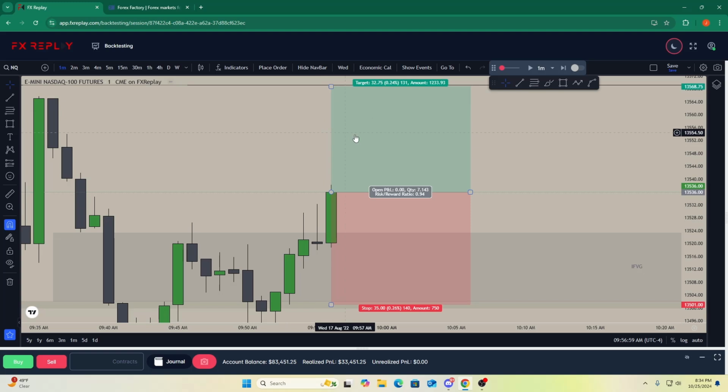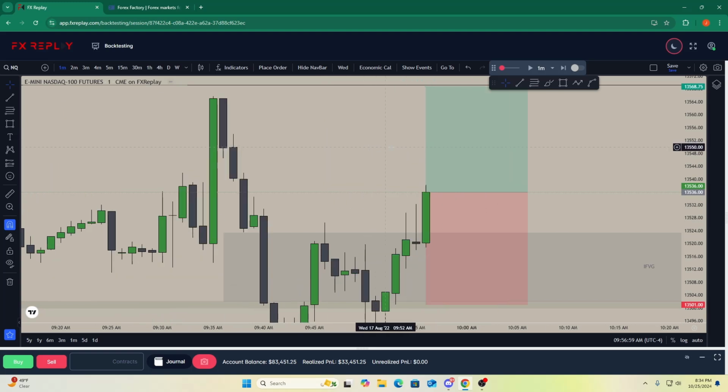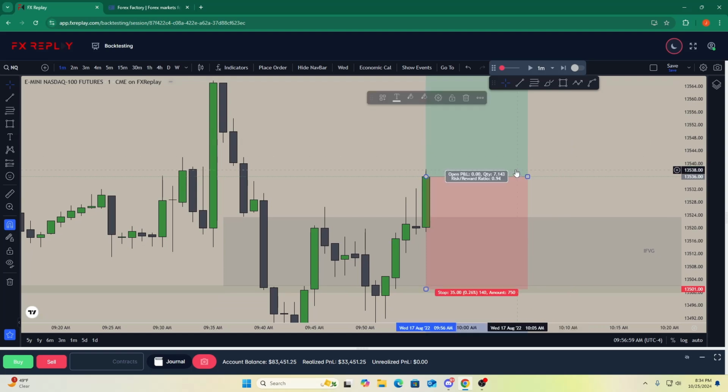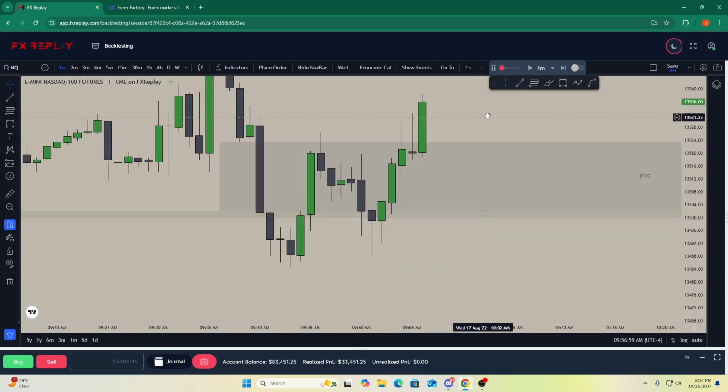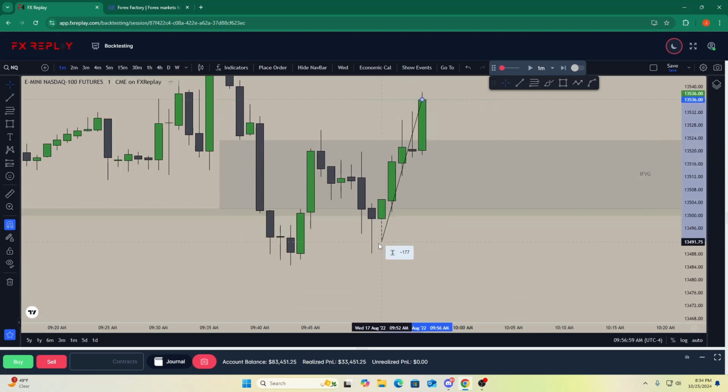Yeah, okay. So I'll wait for the retest here, because it's about 133 ticks here. I want stops. Let's wait for this one out here.